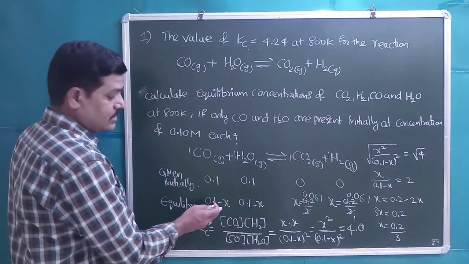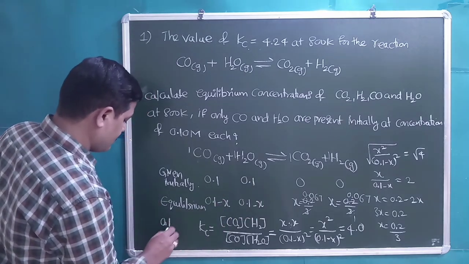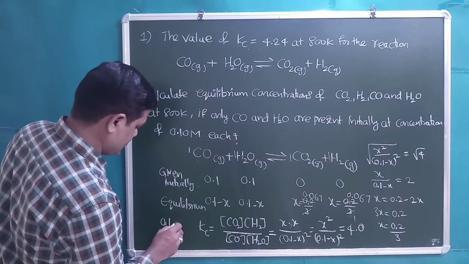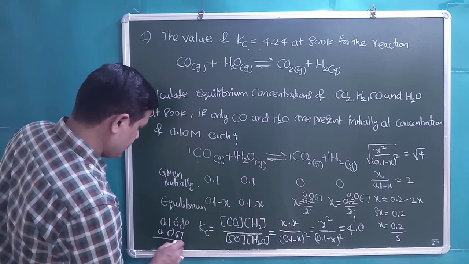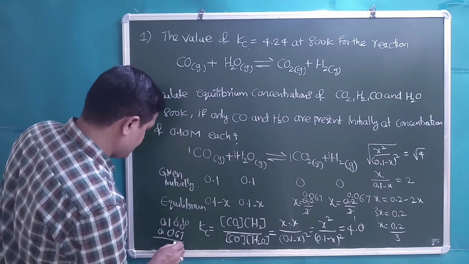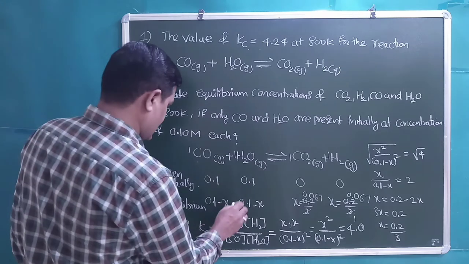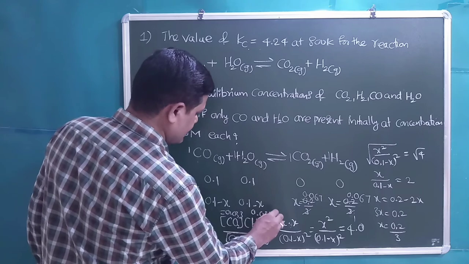Here 0.1 minus 0.067, that is 0.033. This is 0.033, and this is also 0.033.